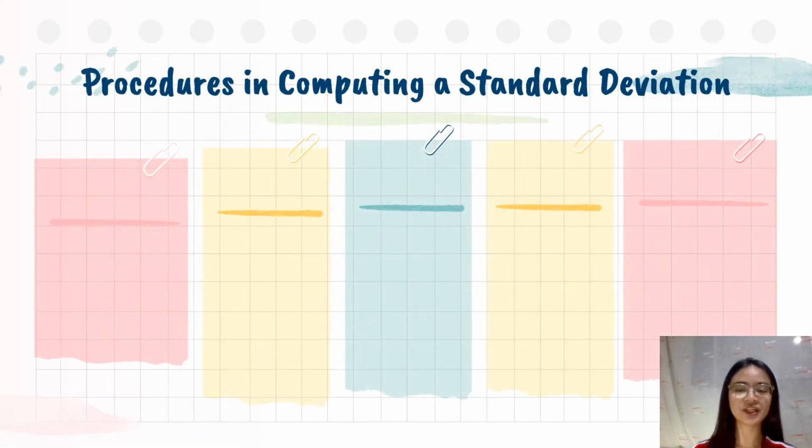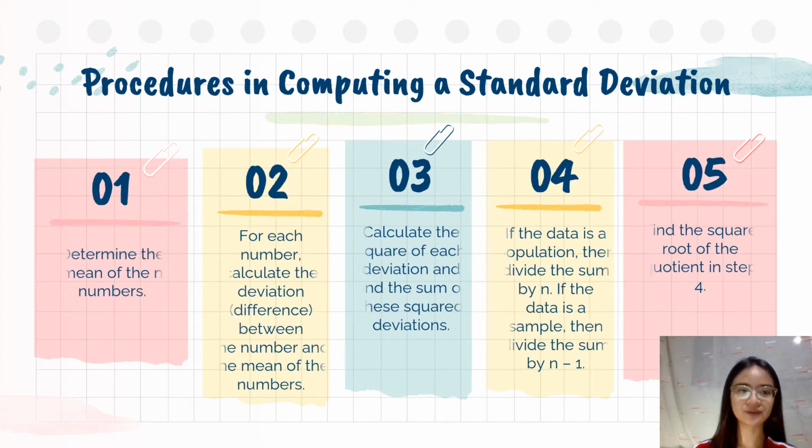Procedures in computing a standard deviation. First is to determine the mean of the n numbers. Second is for each number, calculate the deviation, the difference between the number and the mean of the numbers. Third procedure is to calculate the square of each deviation and find the sum of these squared deviations.